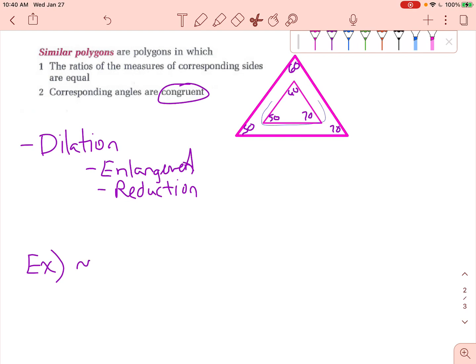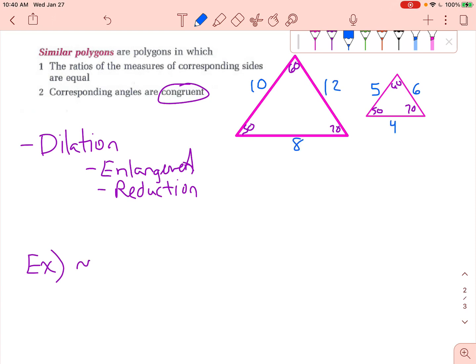So if I cut out my shape and move it over here, hypothetically, if this side was 5 and I blew it up twice as big, this side would be 10. If this side is 6, this side would be 12. If this side is 4, then this side would be 8. So once again, the sides are proportionate and the angles are congruent. Again, it's either an enlargement or a reduction. So that's what we're working with.